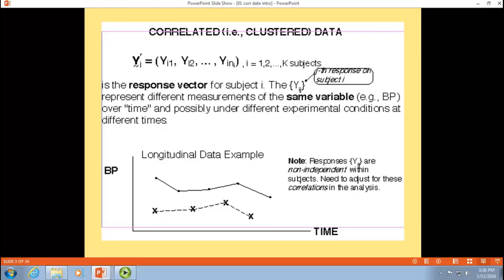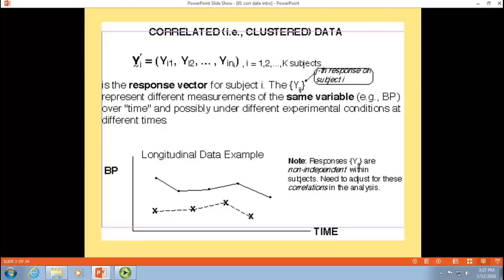There's something else in this picture, though. Not only is the number of observations different between these two clusters, what else do you notice? The times at which they're observed are different. So you can have a different number of observations, observed at different times, and if that happens, you have another complication.